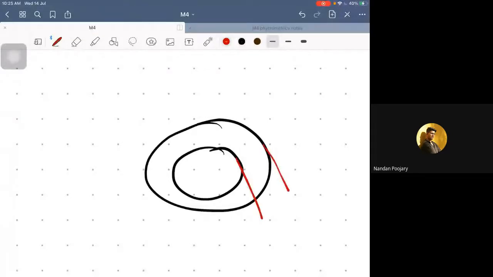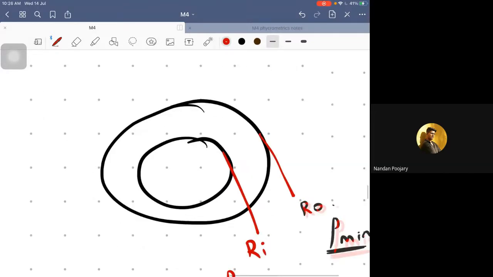This is a lining, and this is Ri and R naught. Generally, the pressure intensity will be minimum at the outer radius. So here you can find P minimum. In the inside radius, the pressure will be maximum. So here you can find P max.